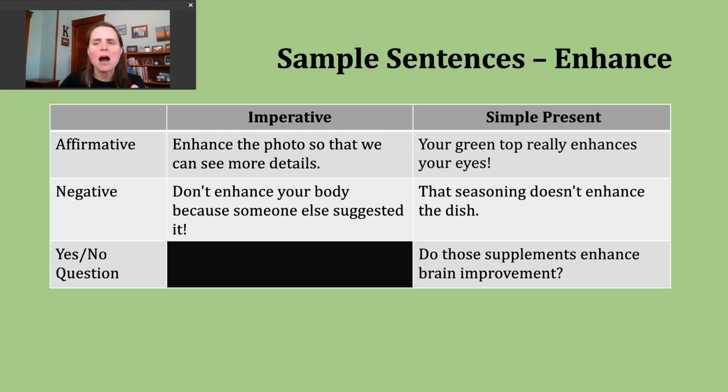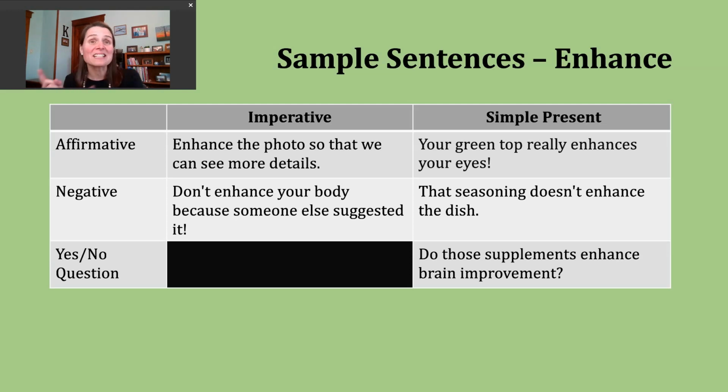Your green top really enhances your eyes. That could also go back to that meaning of kind of intensifying, right? Your eye color becomes more visible. Maybe it makes it stand out more. So here we're talking about a shirt, maybe a blouse, some type of article of clothing that's being worn on the top of our bodies here.